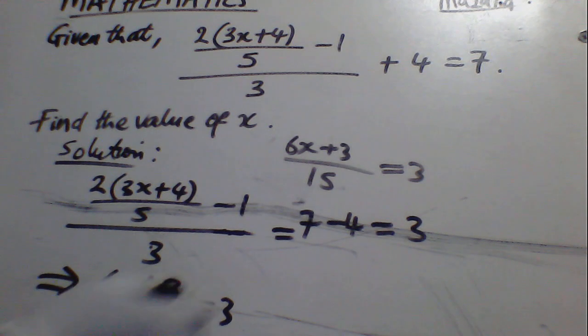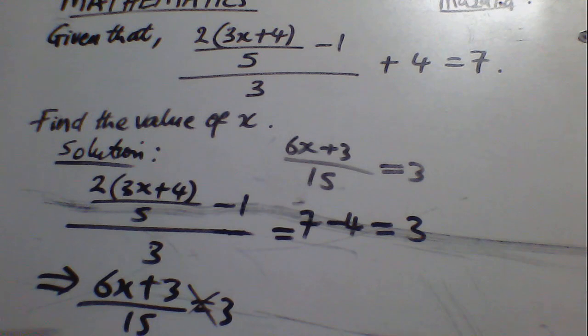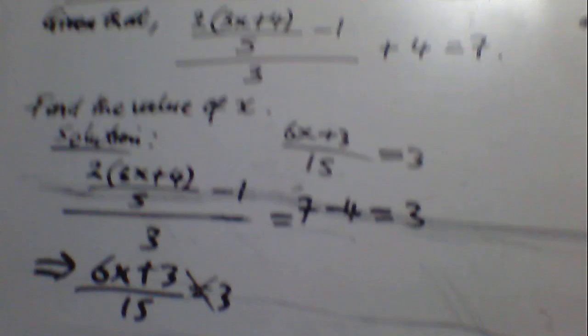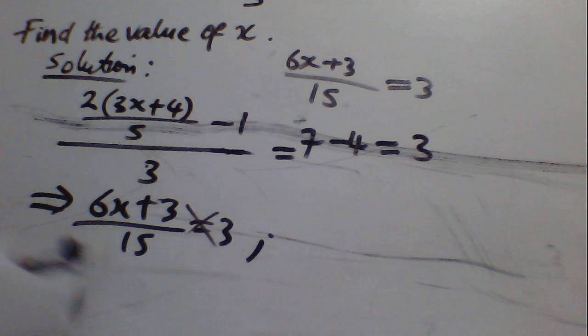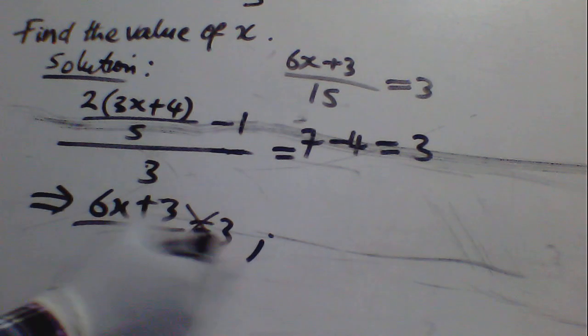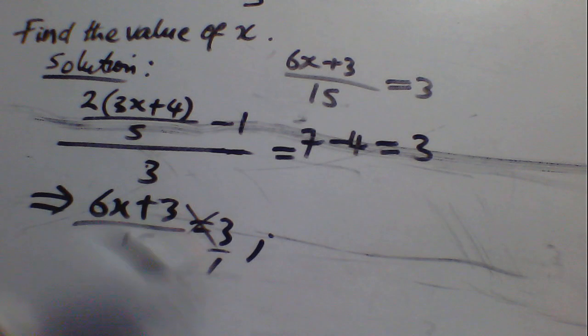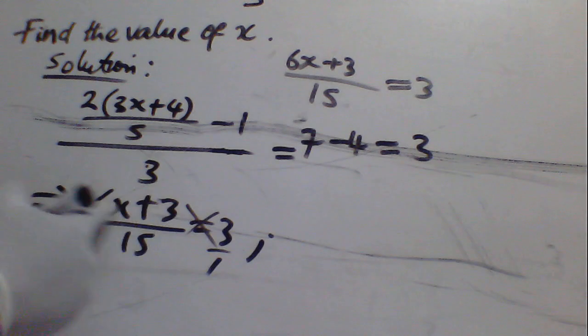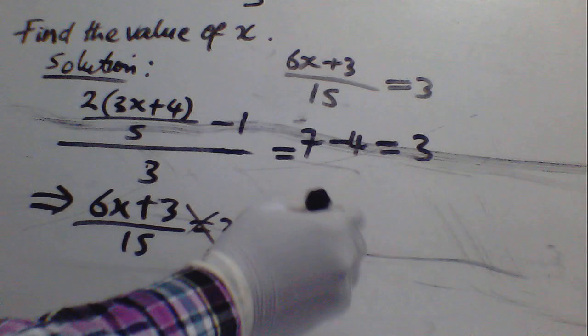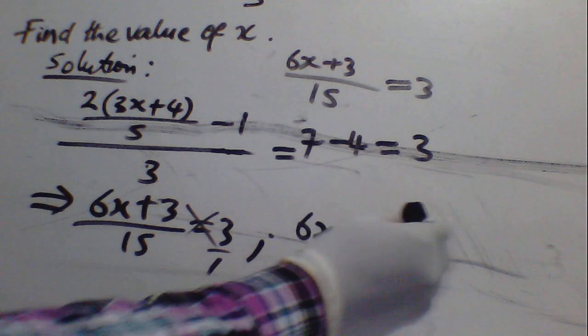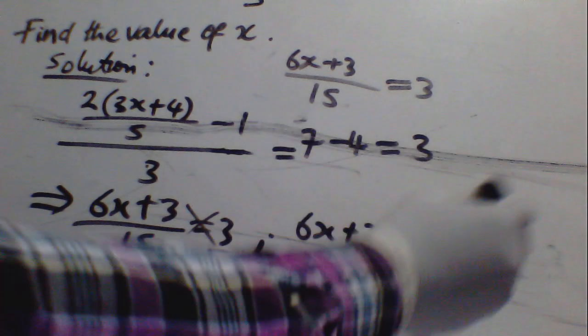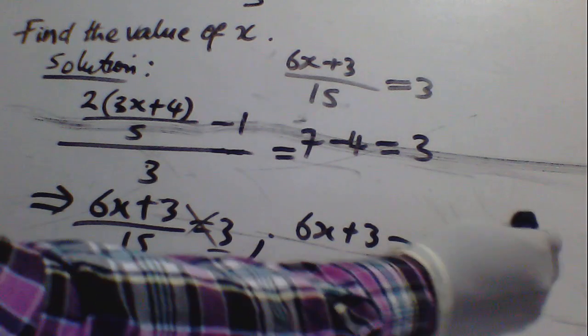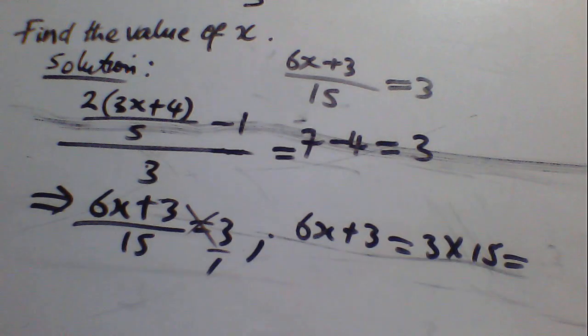The next thing is to cross multiply. If you cross multiply, you will have what? Cross multiplying means that 3 is 3 over 1. So 1 times 6x + 3 will give us 6x + 3, and then 15 times 3. 15 times 3 will give us 45.